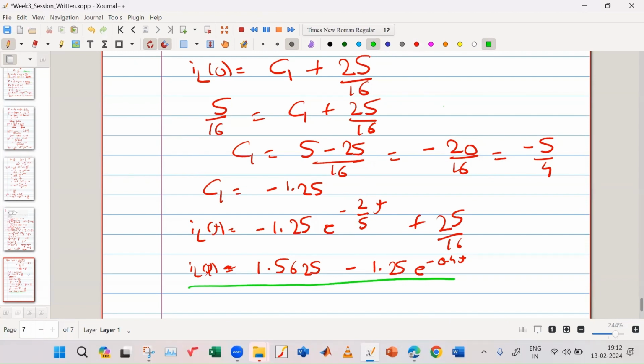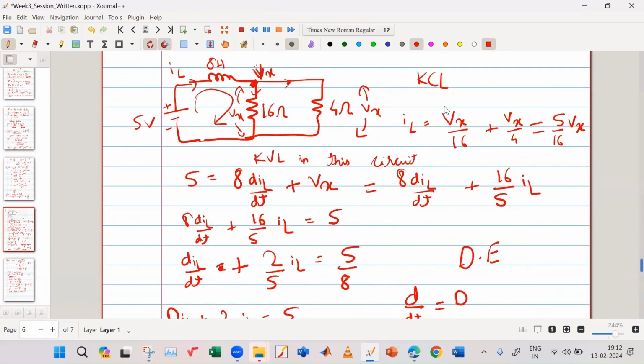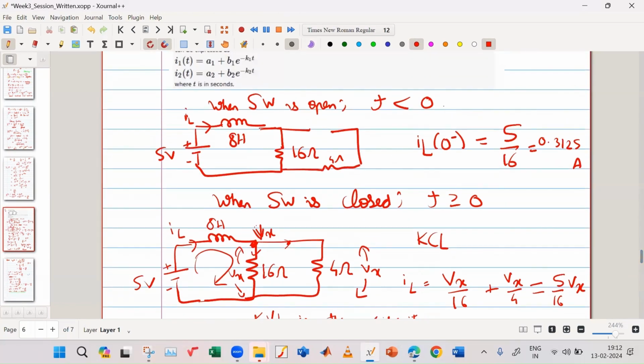So to solve one circuit, it has taken me so long. Now there is an easier formula, actually, which can be applied for this circuit. If you look at this circuit, there is just a single inductor, and you have these resistors.